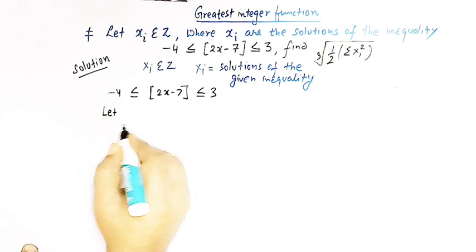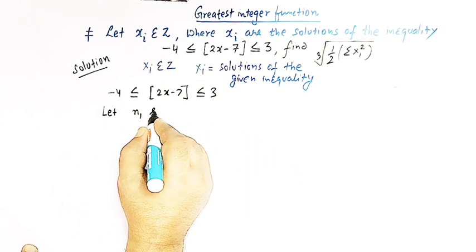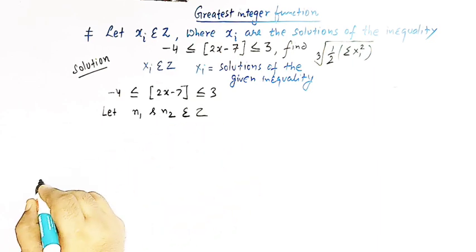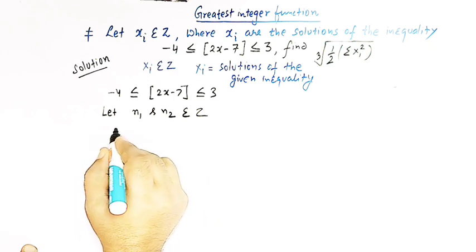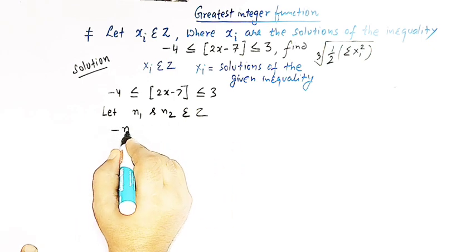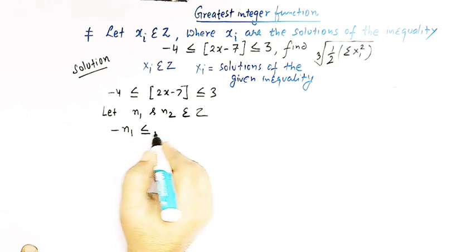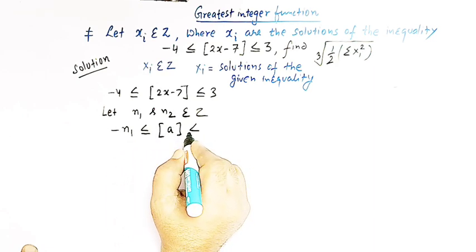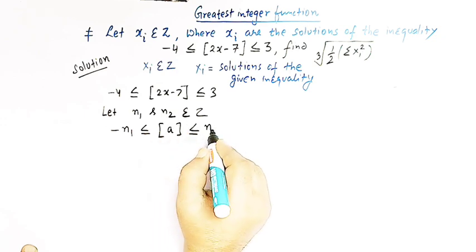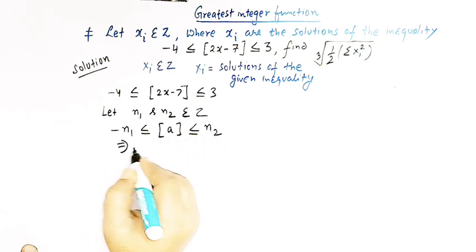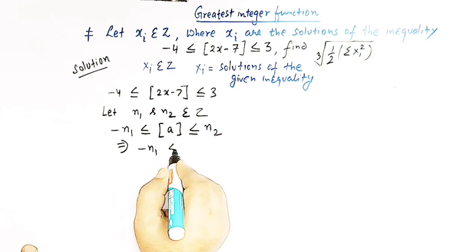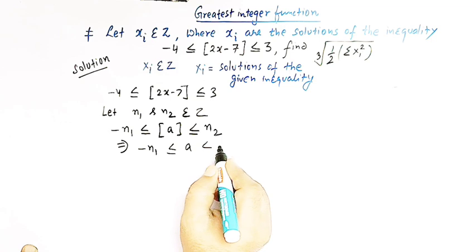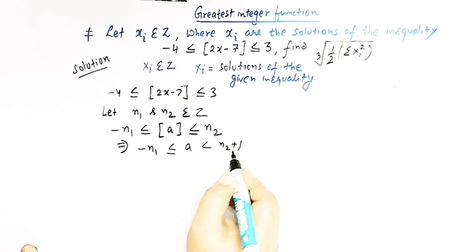If we have two integers, say n1 and n2, and n1 and n2 both belong to the set of integers, then the inequality, that is minus n1 less than or equal to greatest integer of a less than or equal to the integer n2, it implies that minus n1 less than or equal to a, that is less than n2 plus 1.